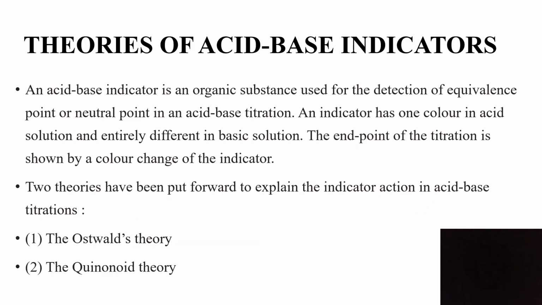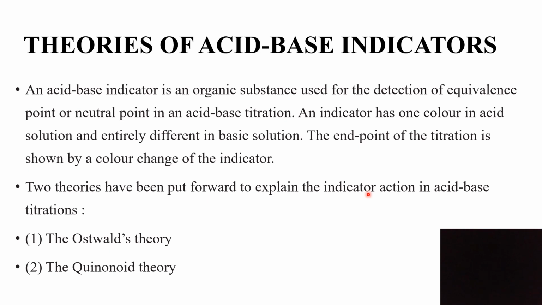Next come the theories of acid-base indicators. An acid-base indicator is an organic substance used for the detection of the equivalence point or neutral point in an acid-base titration. An indicator has one color in acid solution and an entirely different color in base solution.